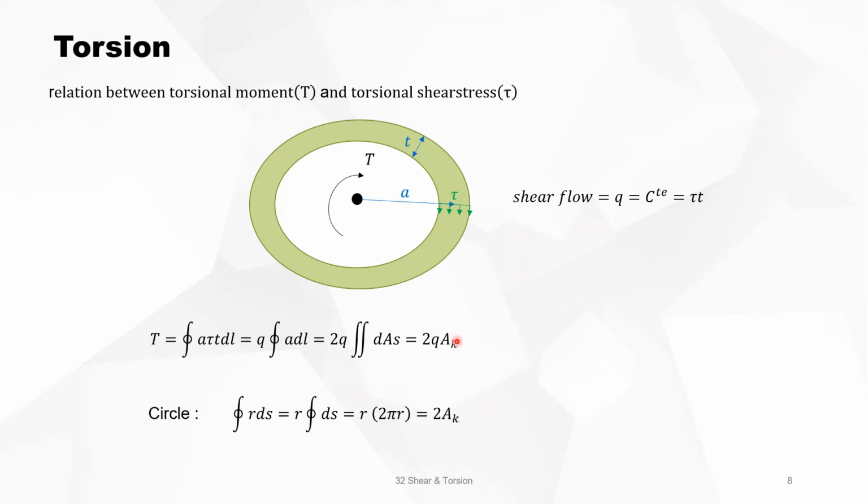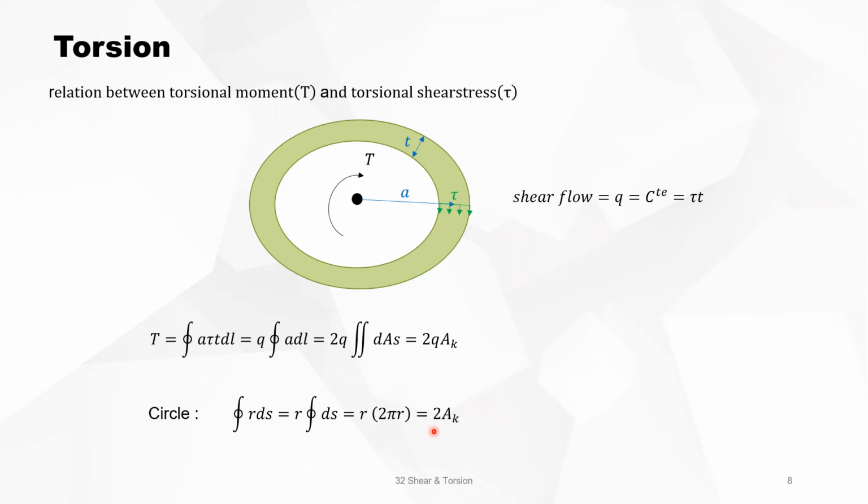To give you an idea, if this is sounding strange, if you take a circle, the line integral of the radius of the circle times ds, well, the radius is then constant because it's a circle, so r is outside, and the line integral of ds is of course the circumference of a circle, which is 2πr, and so we have in fact 2πr squared, or 2 times πd to the power 2 divided by 4, so it's 2 times the surface, it's 2 times the area.